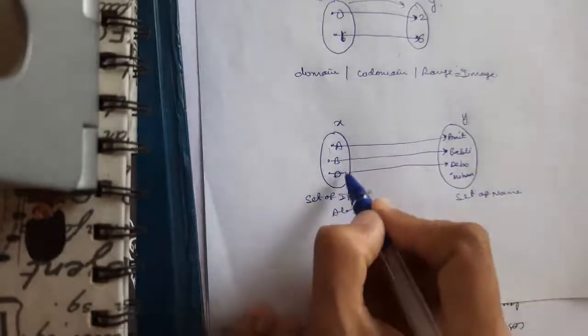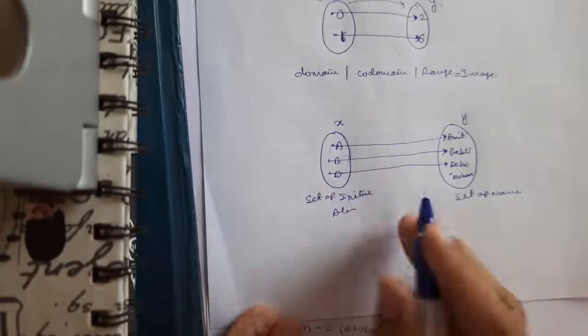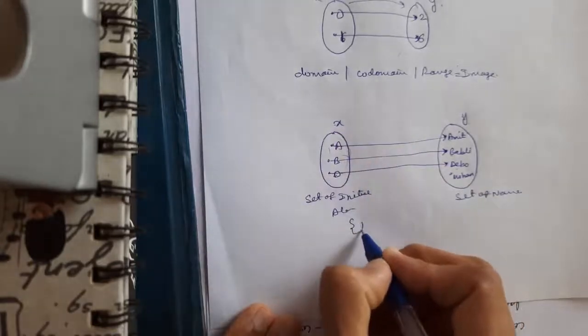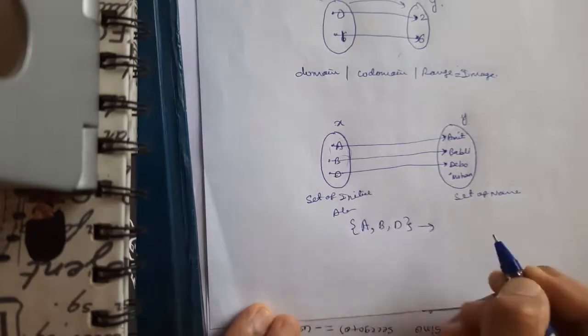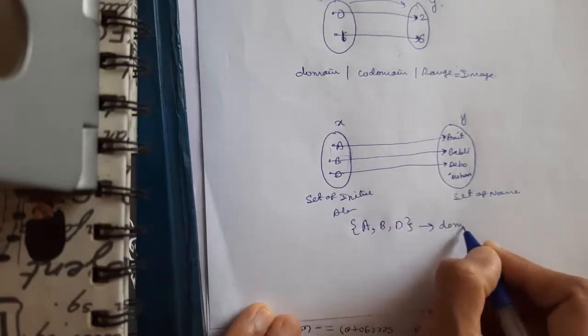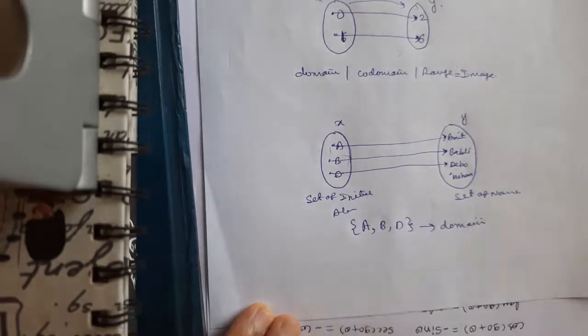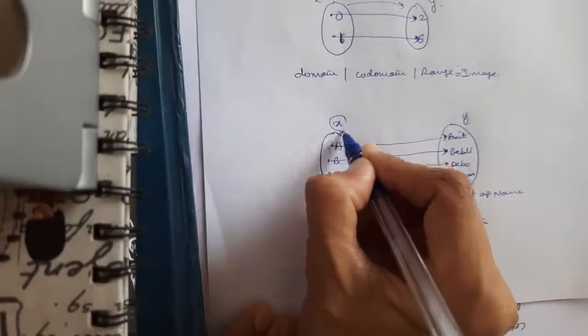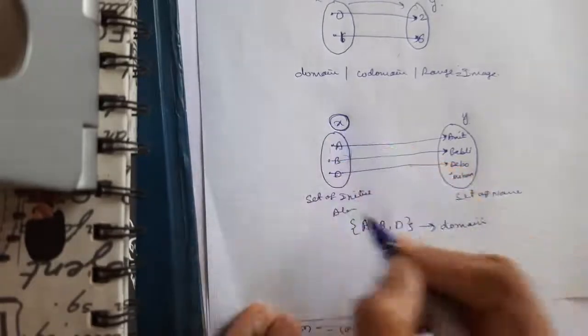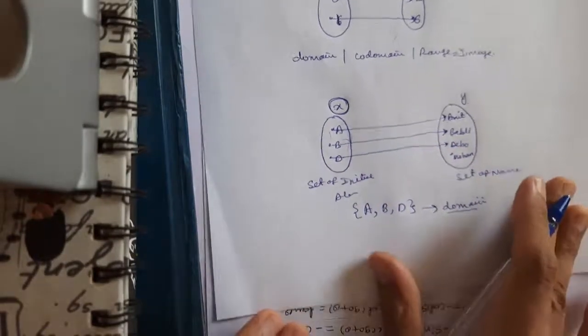This possible set of values of X, which is nothing but A, B, D here, is called the domain of the function. What is the domain of the function? The possible values of X, your input's possible values, are called the domain of the function.